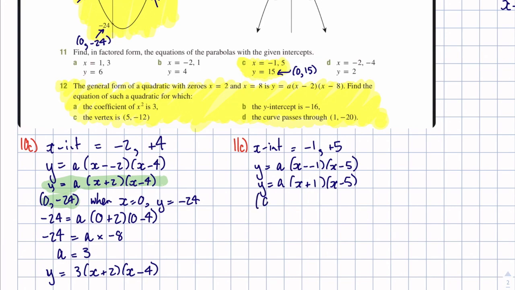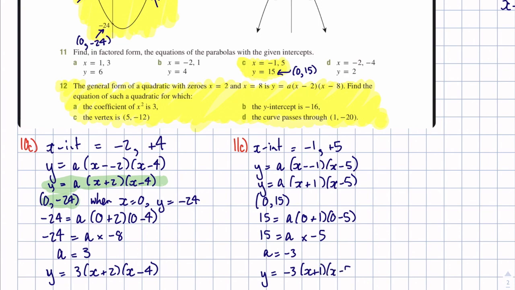When x equals 0, y is 15, so 15 equals a outside of (0 plus 1)(0 take 5), which gives us 15 equals a times -5, which means a is -3. This is concave down. We didn't need to sketch it, so y equals -3 outside of (x plus 1)(x take 5).